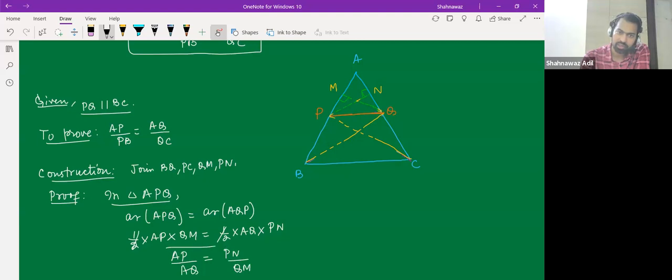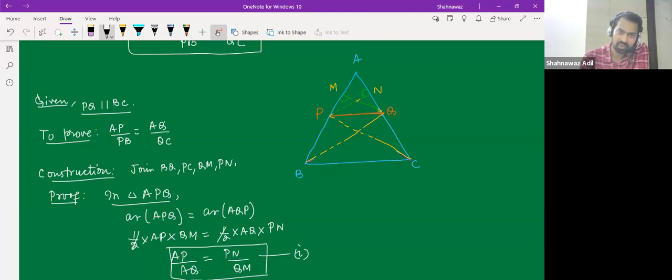Right. So this part, let us leave at this. This is an equation. So you guys just check what we need to prove: AP by PB equals AQ by QC. So in this equation, what do we have? We have two culprits, AP and AQ, right?